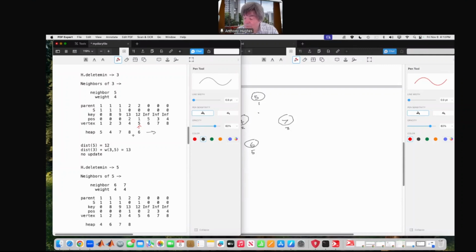I'm looking at this. 5 is at the top. Why isn't 4? Wait a second. I'm looking at this. Delete min, delete 5 is 12. Neighbors are 3.